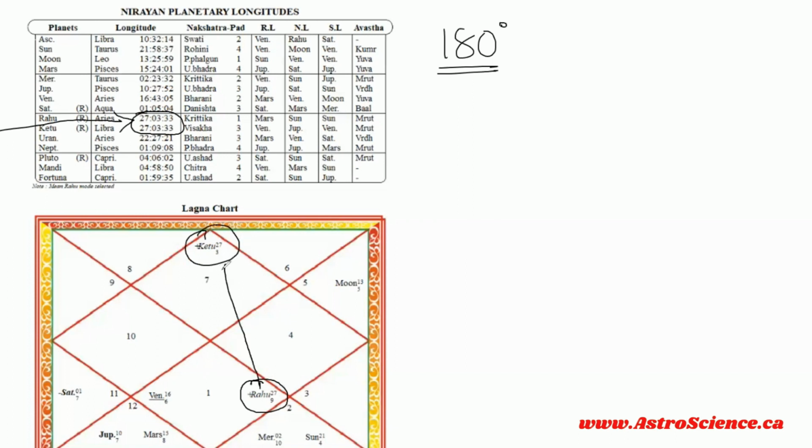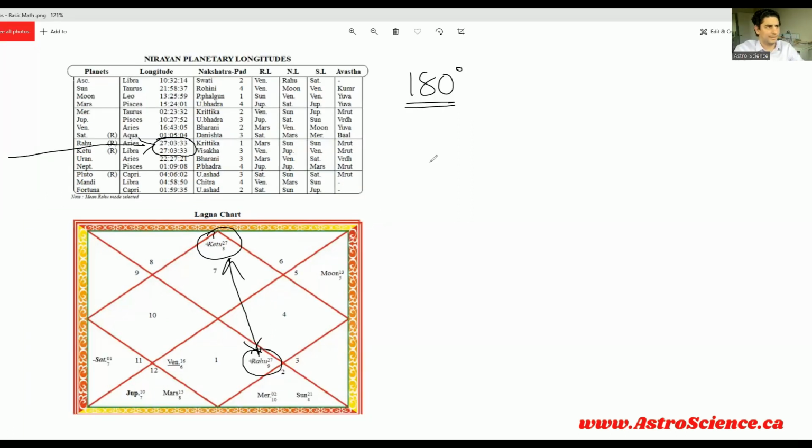They are exactly 180 degrees apart, in the 7th sign. 180 degrees means the 7th zodiac sign, the 7th house from where the other planet is. And always, this is a thumb rule that Rahu and Ketu will always have exactly the same degrees, same coordinates, but the zodiac signs will always be opposite.